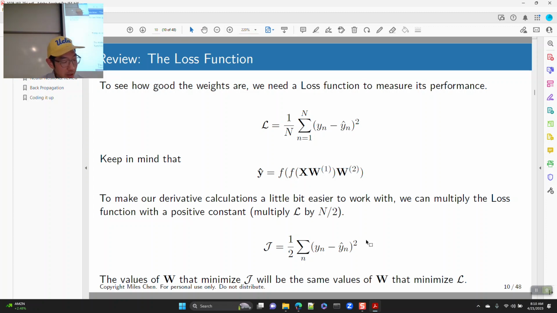What we are doing is we want to minimize the loss function. Okay, so I saw a question on CampusWire, which is how do we figure out what our weights are, or how do we figure out what the bias terms are? We figure out the weights with this goal in mind, minimizing the loss.